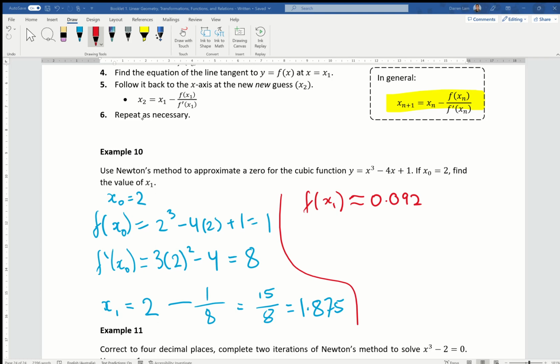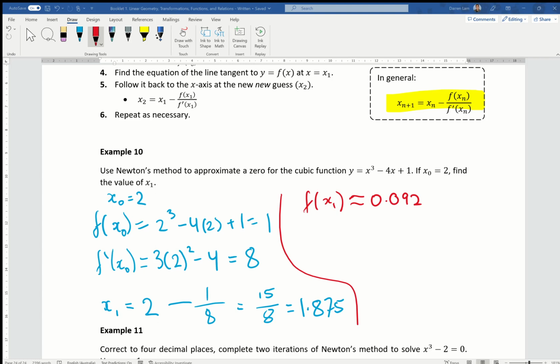Okay, that's not right. 3x squared minus 4. We don't differentiate the value that we substitute, because that's taking the differentiation of a constant. We want it to give us the value after.